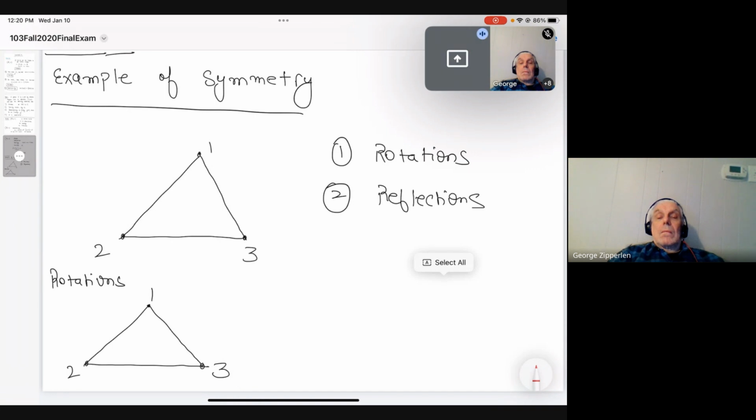So imagine this. What will happen is the labels of my vertices will now change, right? What was 1 before will become 3. What was 2 will become 1. And what was 3 will become 2, right?